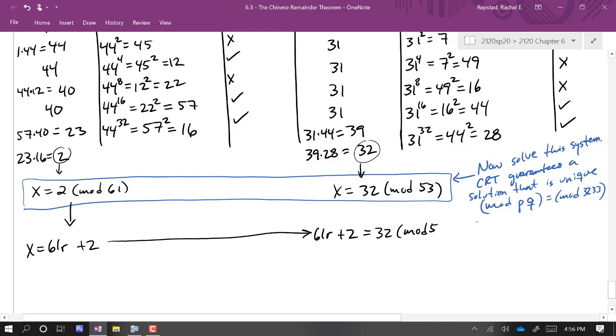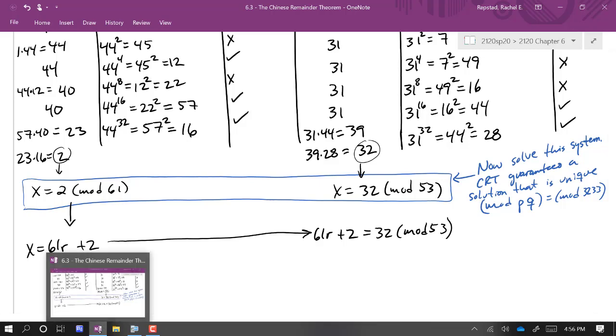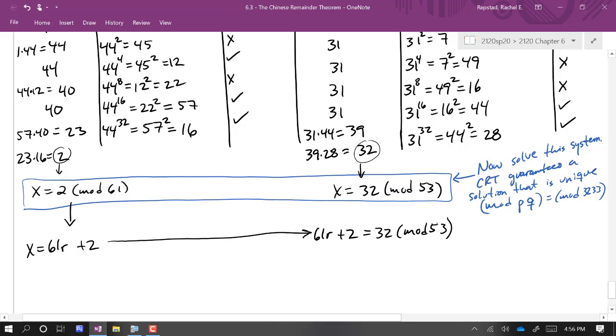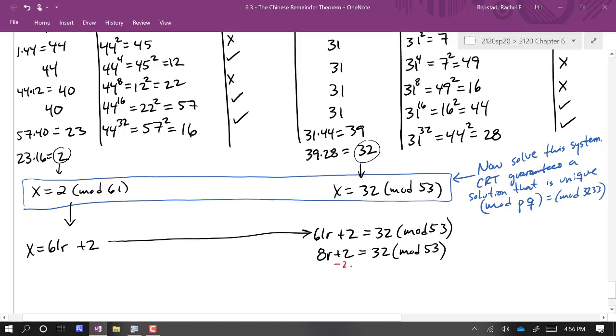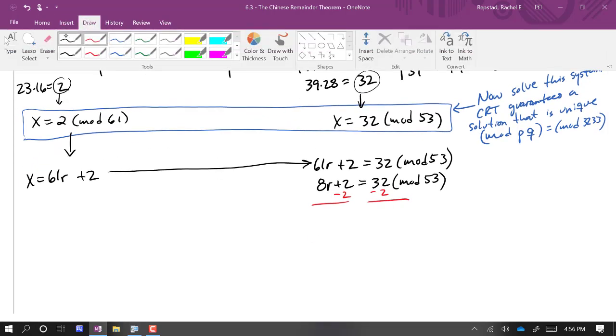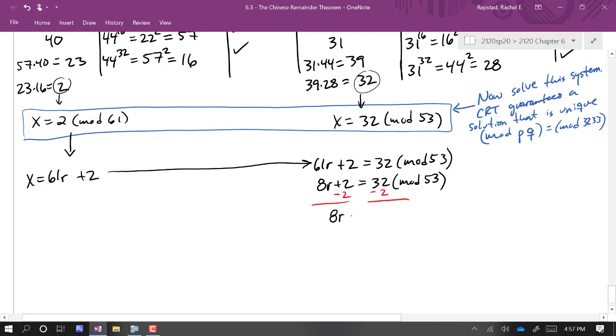Let's reduce mod 53. 61 mod 53 is 8. So 8r plus 2 is equal to 32 mod 53. I'll subtract 2. r is 30 mod 53.